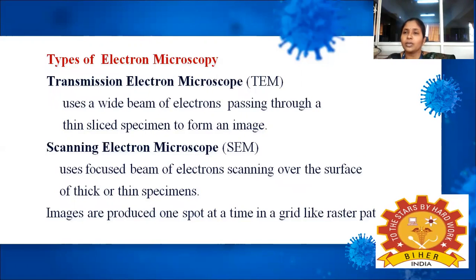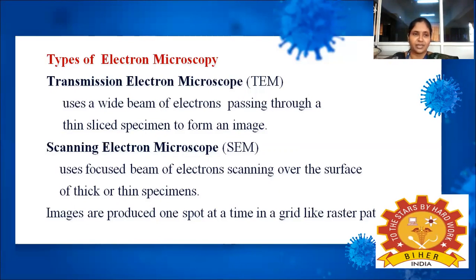Instead, it scans over the surfaces of the specimens, and the surface structures of the specimens are observed under the scanning electron microscopy. Images are produced one spot at a time in a grid-like raster pattern. The scanned electrons over the surfaces appear as the final image.